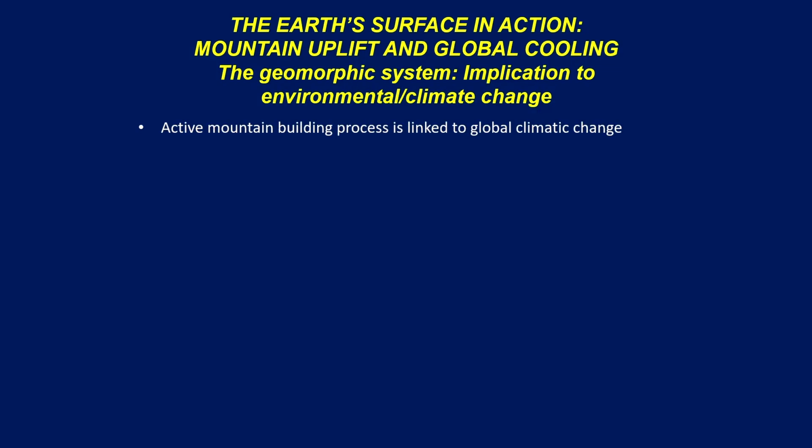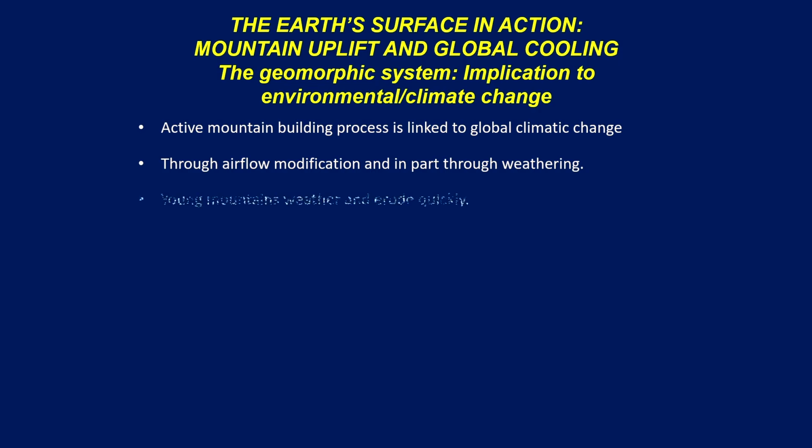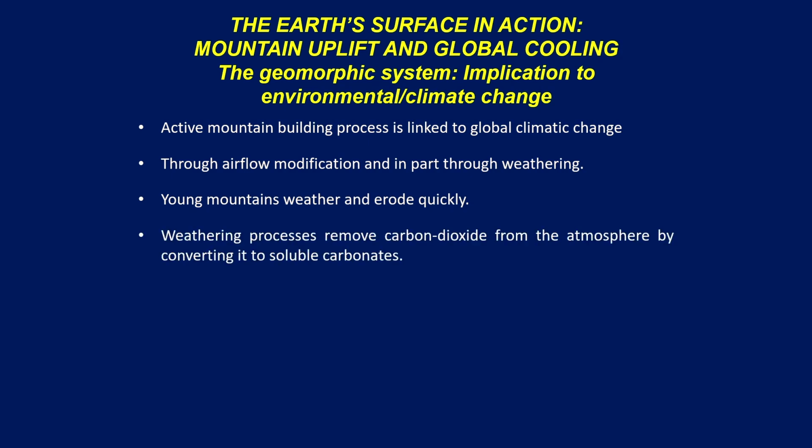Active mountain building process is linked to global climate change through airflow modification and in part through weathering. What we see is mainly the weathering and erosion going on in the Himalayan region. Himalaya is a very young mountain range, and young mountains weather and erode very quickly.